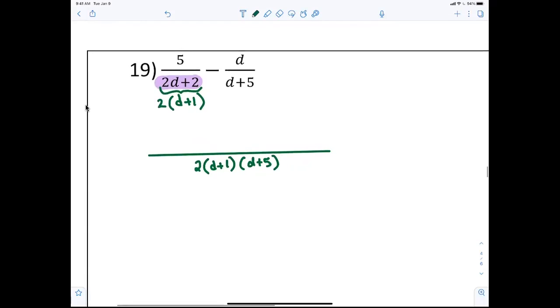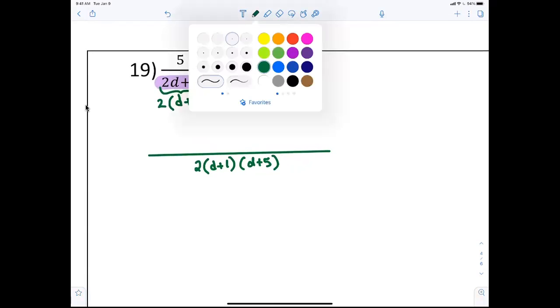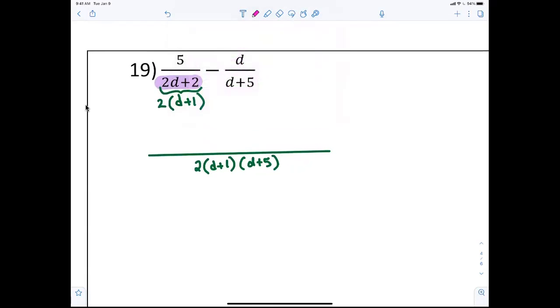So what is missing in the first fraction, guys? In the first one, it's missing d plus 5. And what's it missing in the second one? 2 times d plus 1. Everybody okay with that? And if you did 2d plus 2, would it really matter either? No. All right, take a look.